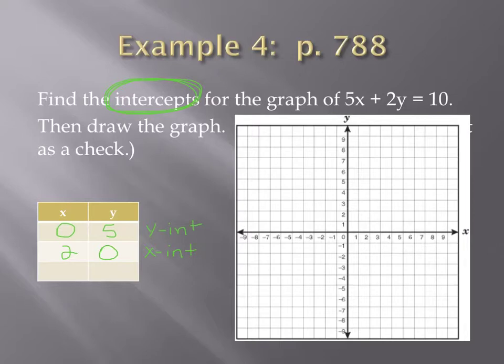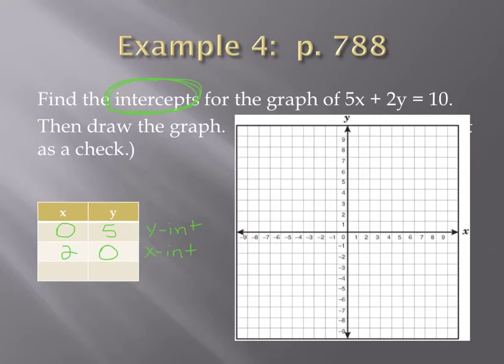Alright, and then after that, you can pick an x and a y just to have a checkpoint. Oh, I covered up part of those directions. So the directions in parentheses said, be sure to find a third point as a check. So these 2 points should give me my line.